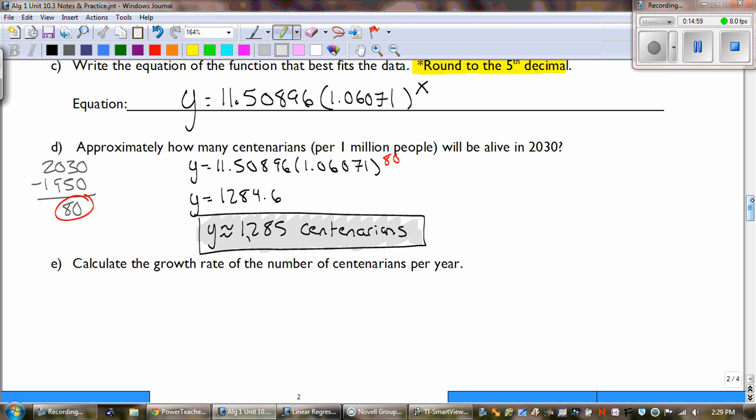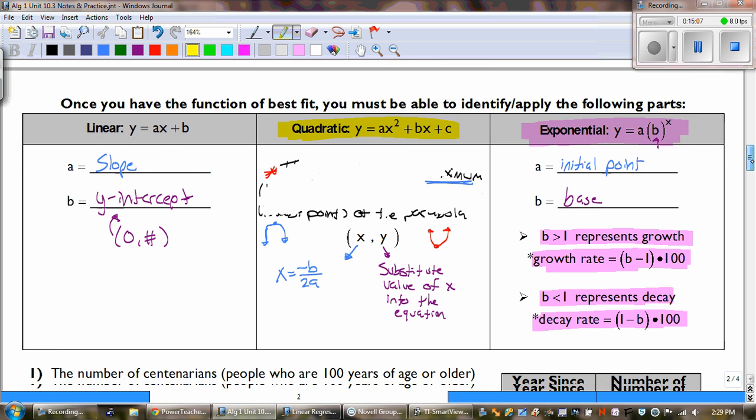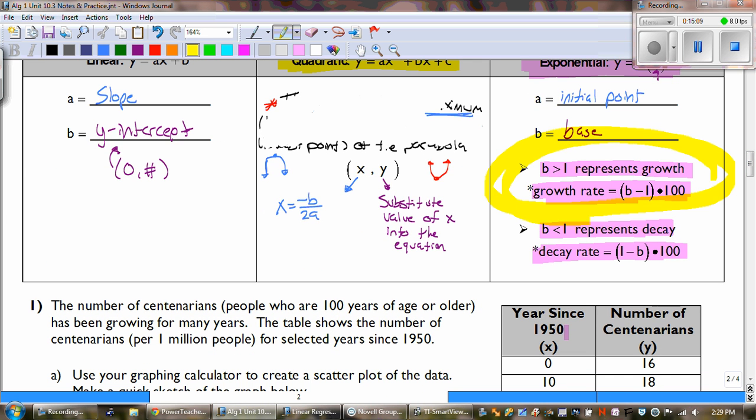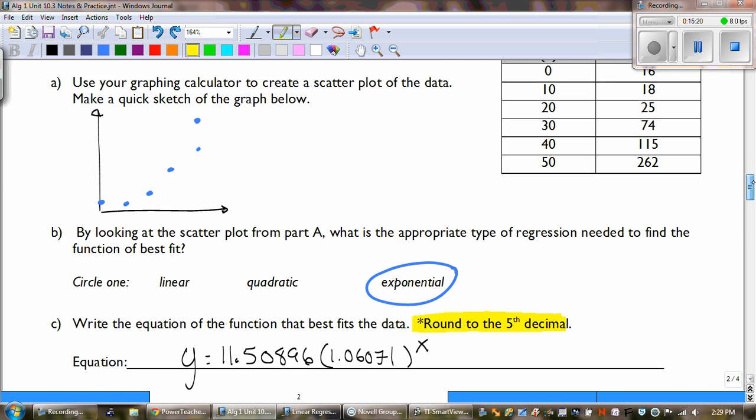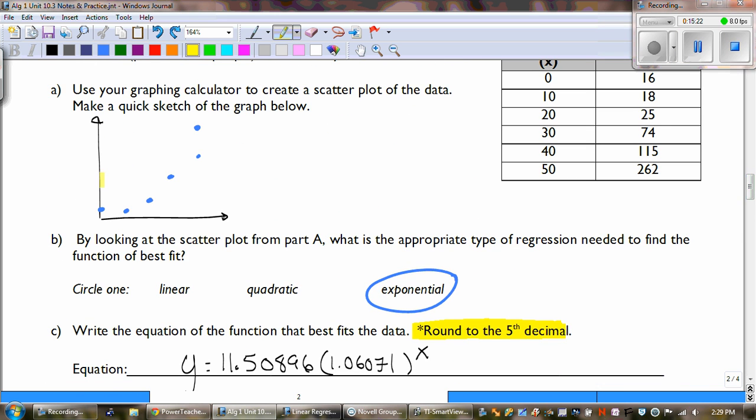All right, E, calculate the growth rate. Okay, so growth rate of the number of centenarians per year. I'm going to come back up here, and this is our growth rate. B minus 1 times 100. Now, how do I know that it's growth rate? Two reasons. Look at the graph that we made. The graph is going up, okay?